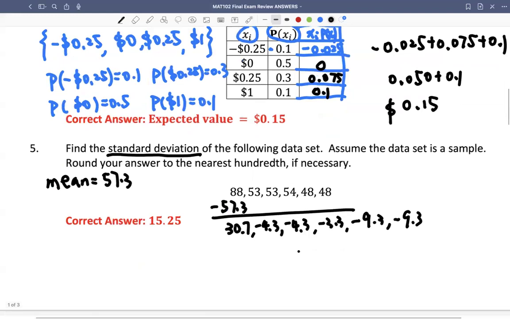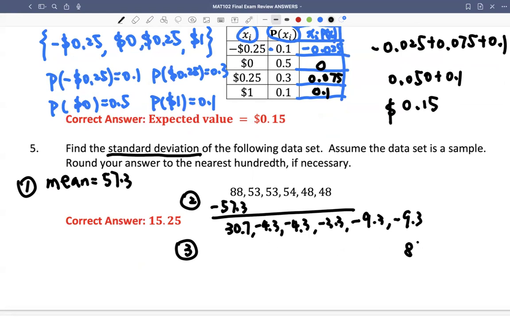So the second step, right? First step, find the mean value. Second step, subtract the mean from each data value. Then third step, we square every one of them. Square negative 9.3, we get 86.49.